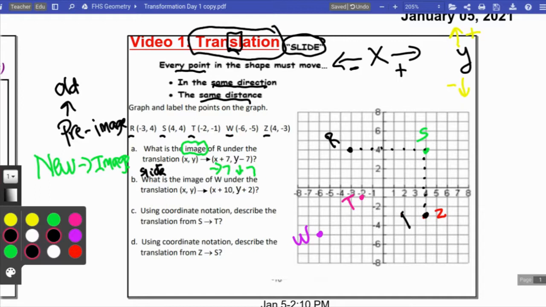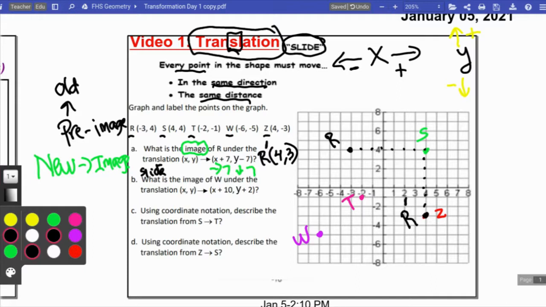You're going to write the new R, but you have to put a little line above it, which is called prime, and it shows that that's the new point, the image. So to answer the question, the new point, R prime, is located at 4, -3.